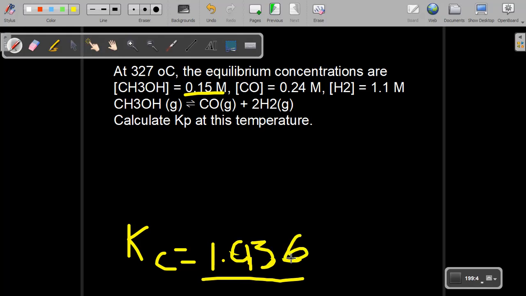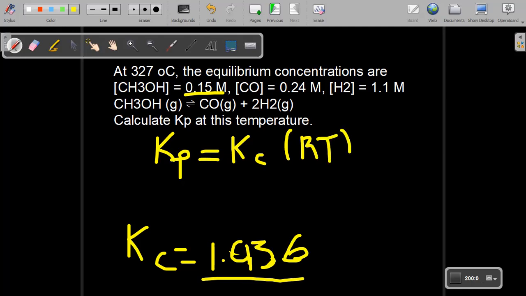So we say the relationship that lies between our Kp and Kc, but Kp is given by Kc multiplied by the gas constant multiplied by the temperature raised to the change in the number of moles.